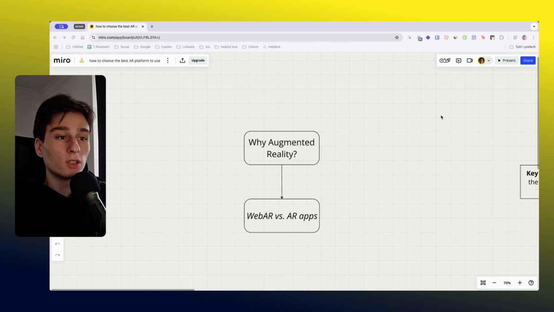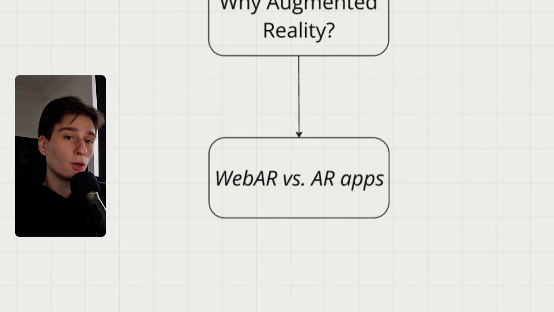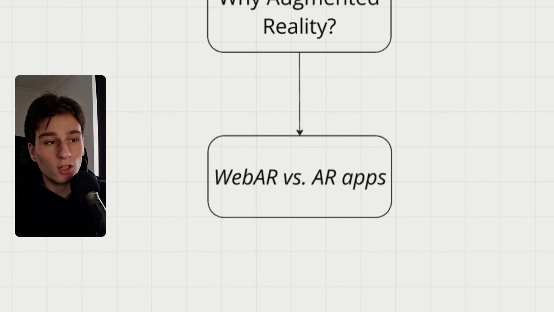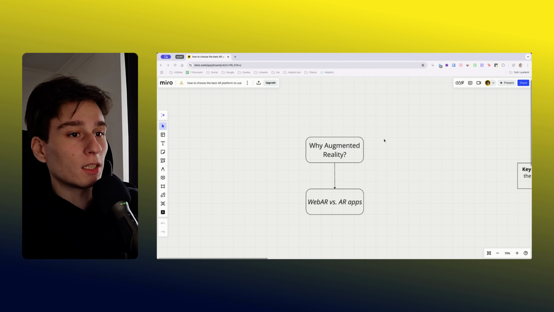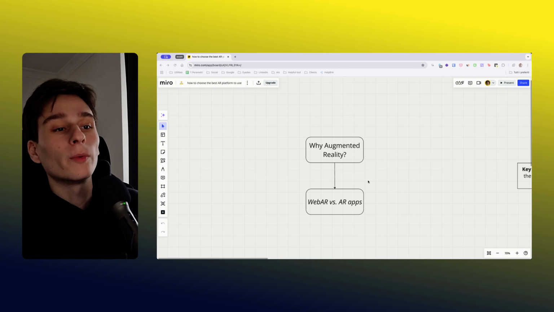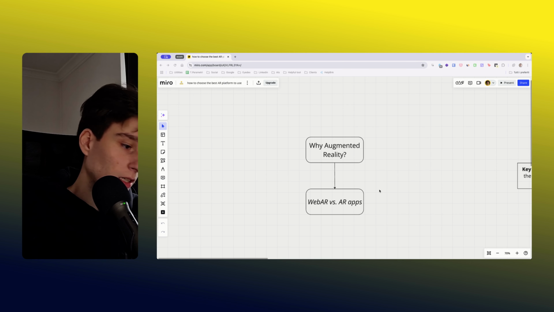First of all, you should consider to implement augmented reality application or web augmented reality. I made a video about this and you can watch this video on this YouTube channel. But summarizing this, differently from augmented reality application, you can access web augmented reality directly through a web browser.